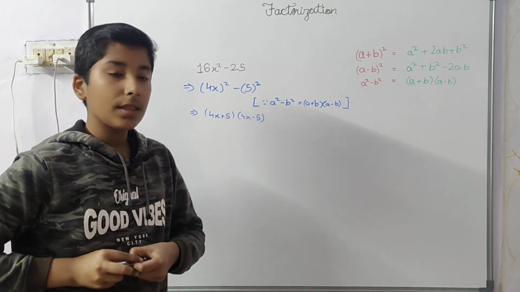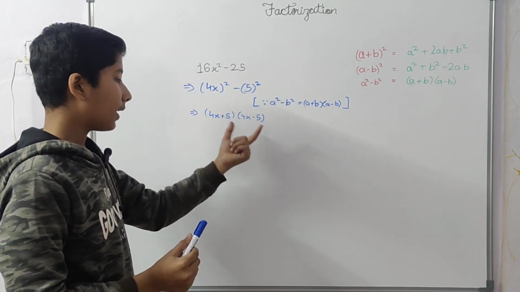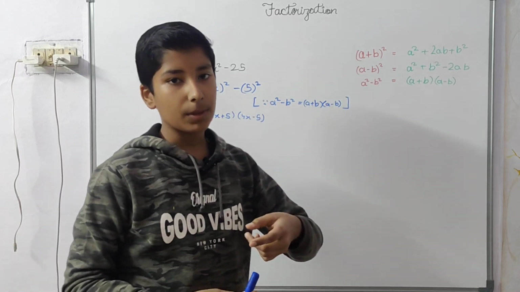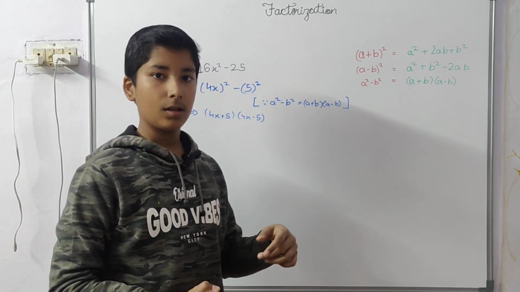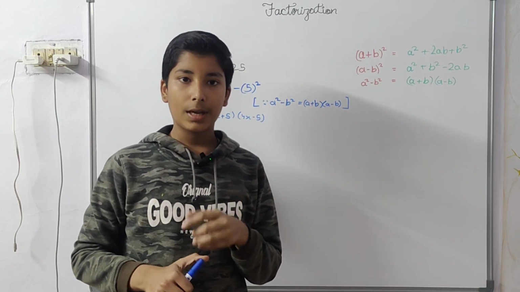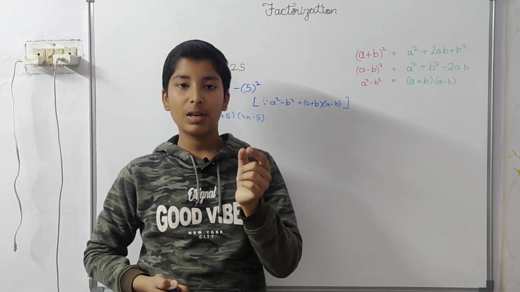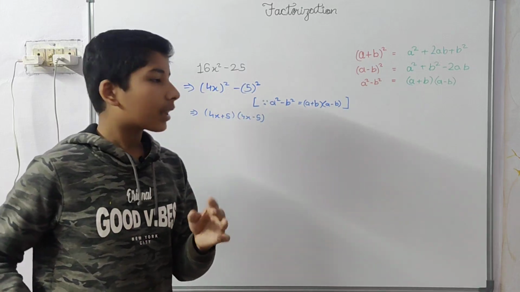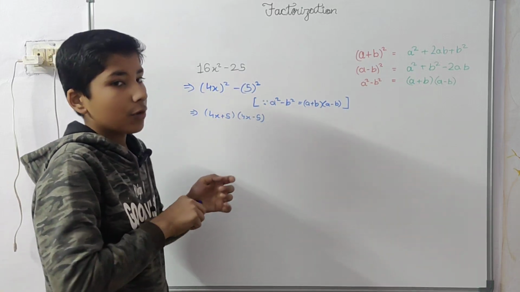So our answer is already coming in 2 brackets. The answer should always come in 2 brackets. Or if not, then you split it into 2 brackets, or otherwise your half marks will get cut according to most teachers. So we have got this.